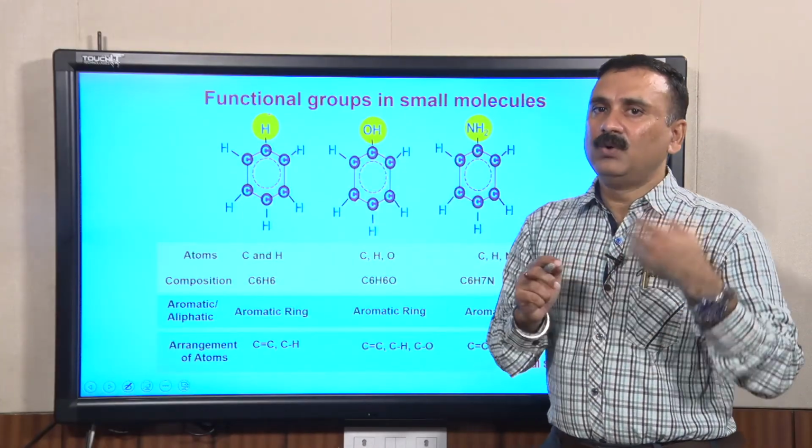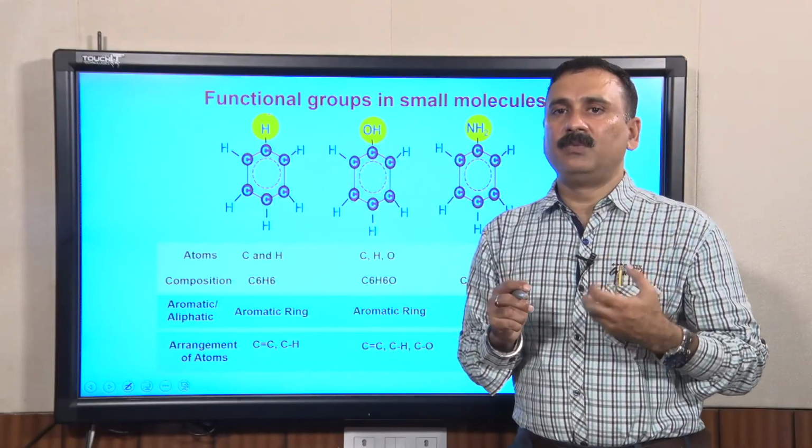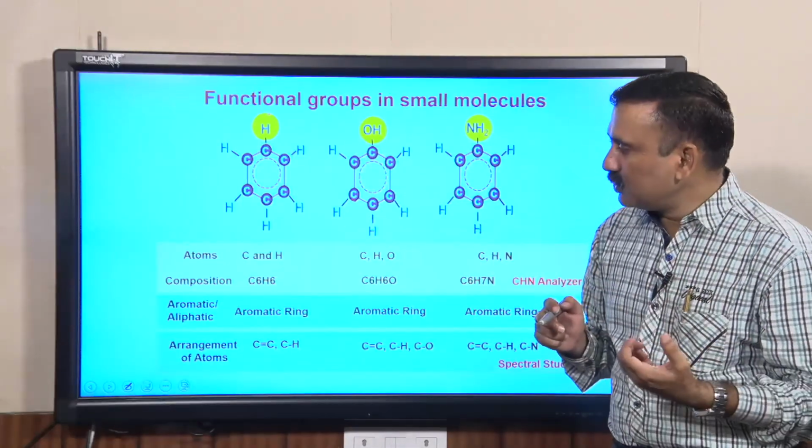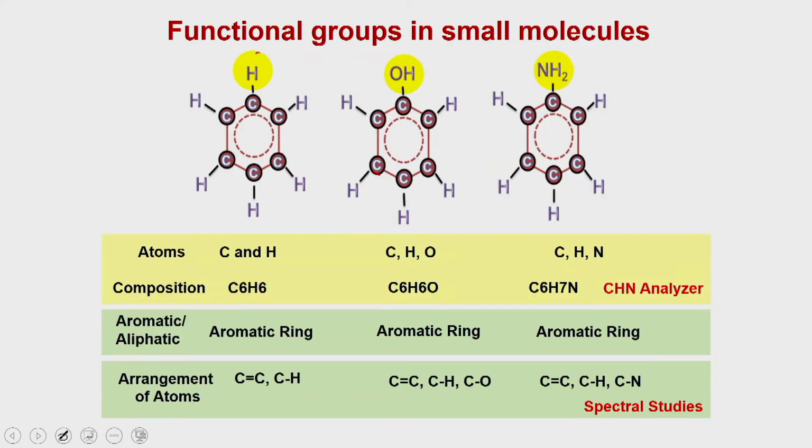So, when you get this product from your host cells, you first do the CHN analysis, and that will say the compound is C6H6. So, that could possibly be benzene.